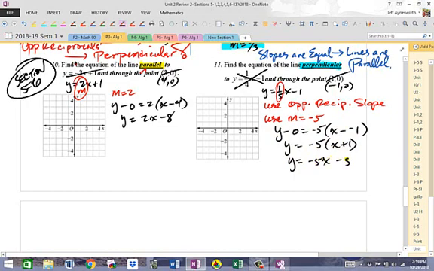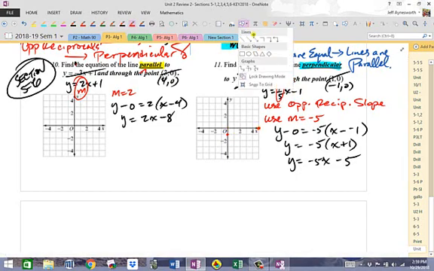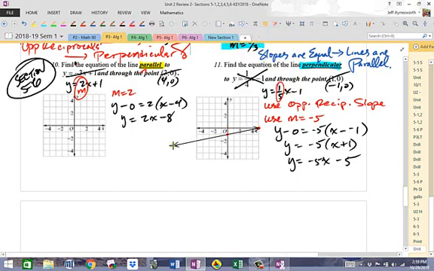I'm going to graph this one here. So graphing the first equation, the y-intercept's -1. The slope is 1/5. So there's my line right there. Okay, and the next one, slope is -5 starting at -5. So starting down here, -5 is down 5 right 1. I'm going to reverse that.